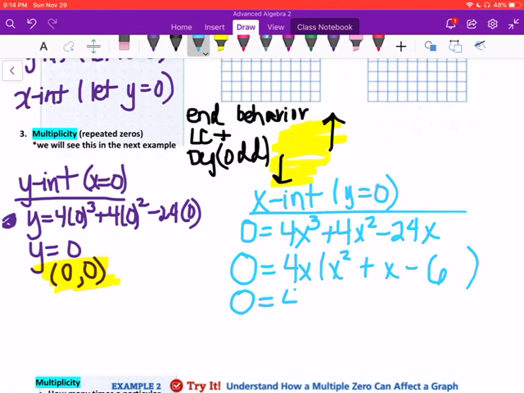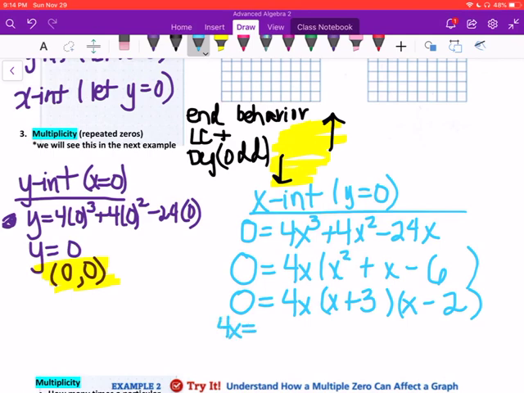Then I see that I can factor that trinomial a little further. So 0 equals 4x, then factor the trinomial: x times x is x squared, and then 2 numbers that multiply to be negative 6 and add to be positive 1 would be positive 3 and negative 2. Then I'll apply the zero product property and set each factor equal to 0.